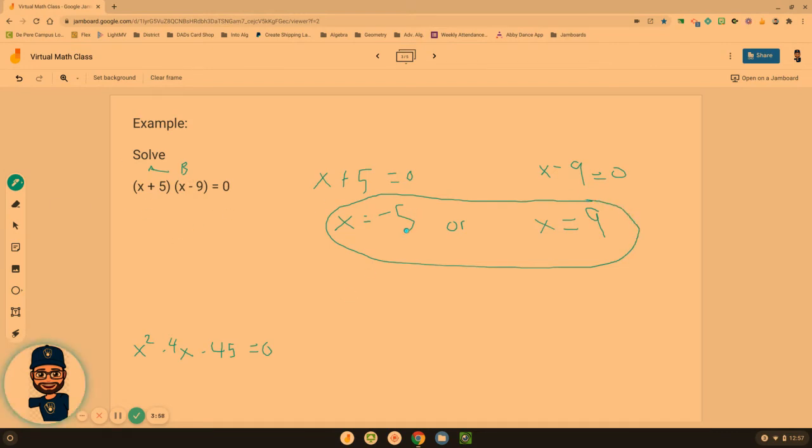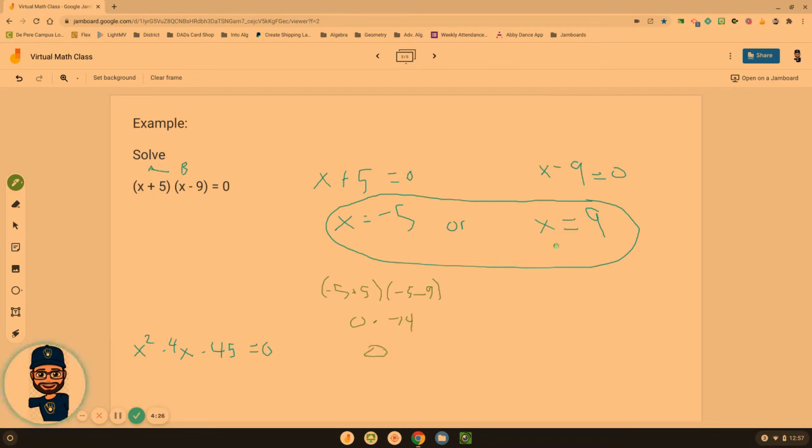And plug both of those numbers back in, one at a time though. Plug negative 5 into both of these if we check. Negative 5 plus 5 times negative 5 minus 9. In doing so, this is 0 times negative 14, or 0, because 0 times anything is 0.